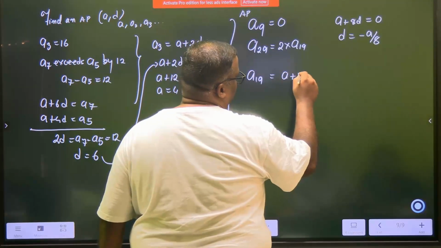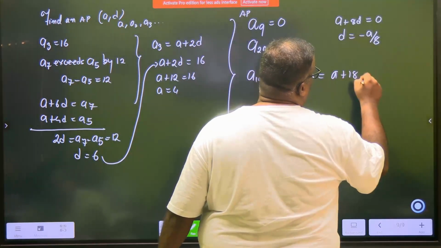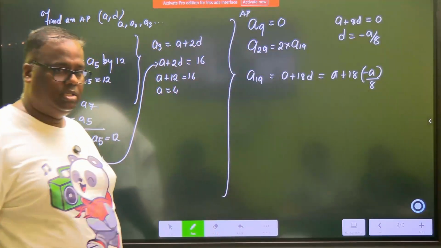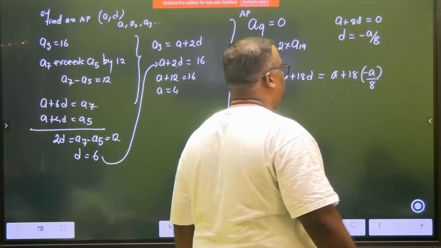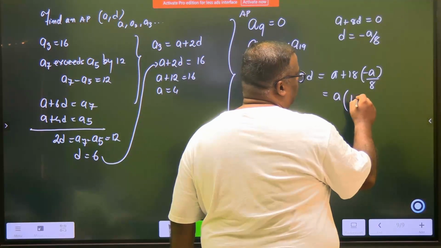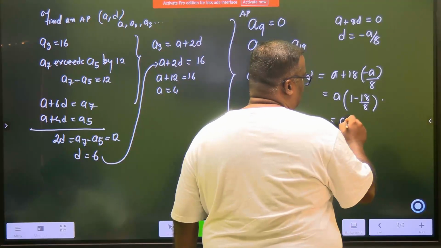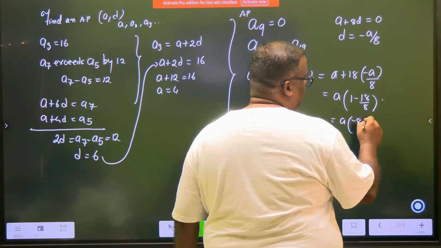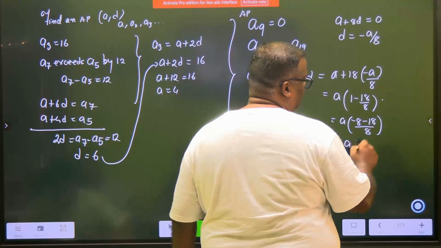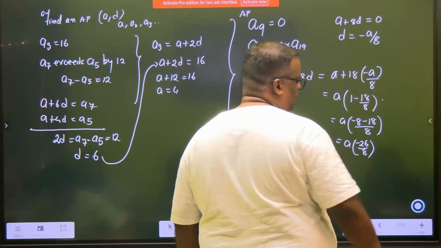A plus 18D, which is A plus 18 into minus A by 8. Right? From here, if you take A common, it is 1 minus 18 by 8, which is equal to A into minus 8 minus 18 by 8, which is A into minus 26 by 8. Right?